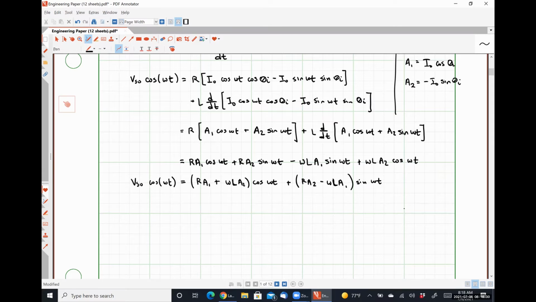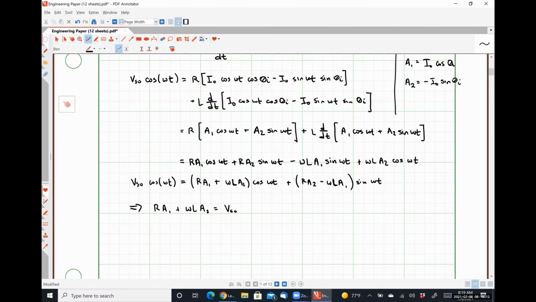I can easily see that R times A1 plus omega L times A2 has to be equal to Vs naught, the amplitude of my voltage waveform. The reason I say that I can see that easily is because on the left-hand side I have some constant term multiplied by cosine omega t, and on the right-hand side I have some constant term multiplied by cosine omega t.